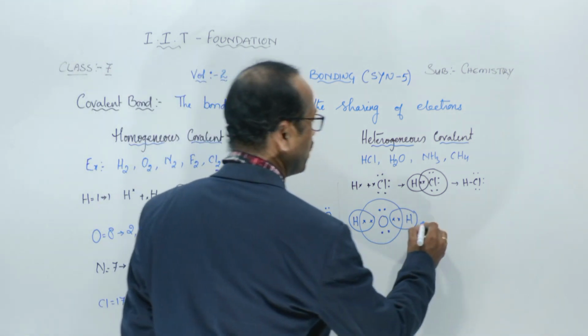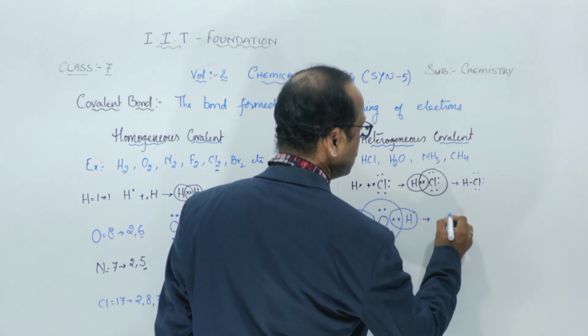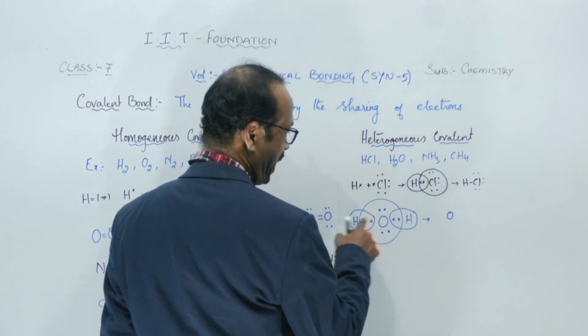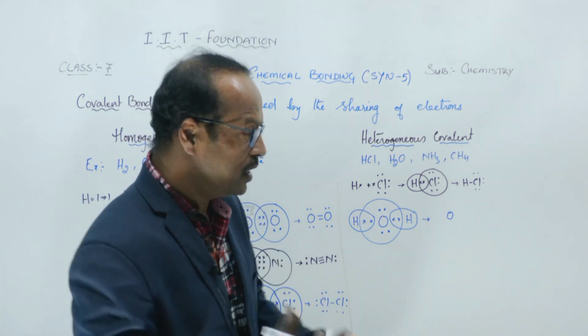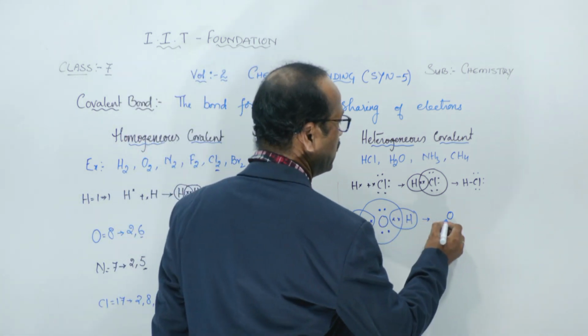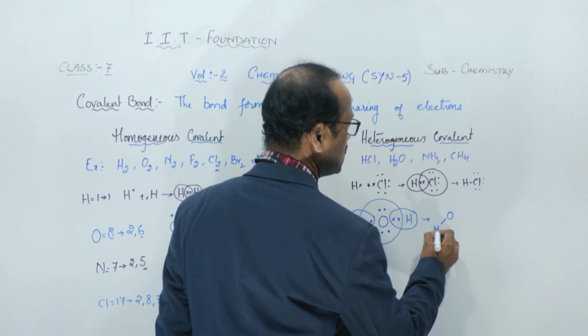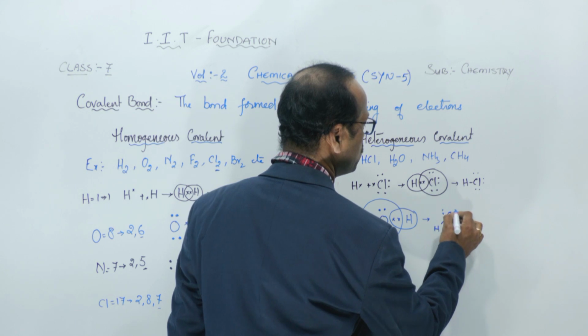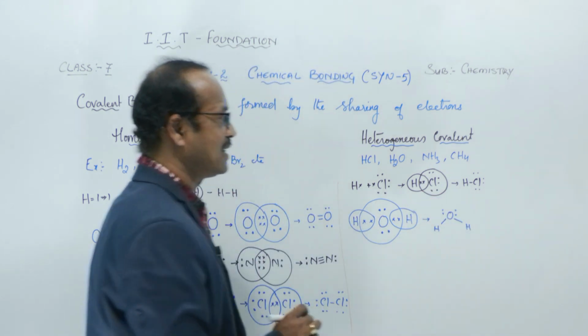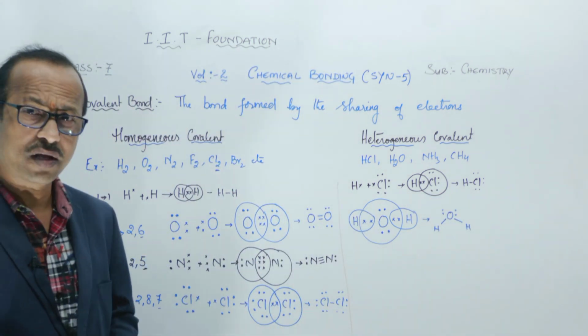So how can we represent this? Oxygen in the middle and 2 hydrogens. Actually I said they are exactly on the sides, but the structure will be a little different. This hydrogen will come this side, this hydrogen this side, and here 2 pairs of electrons are there. This is the structure of the water molecule.